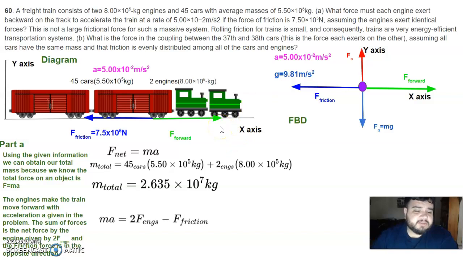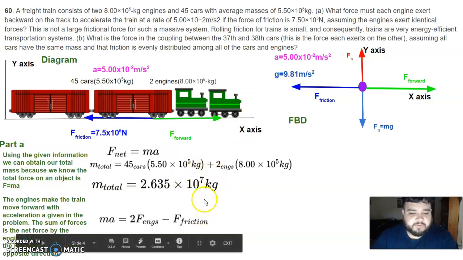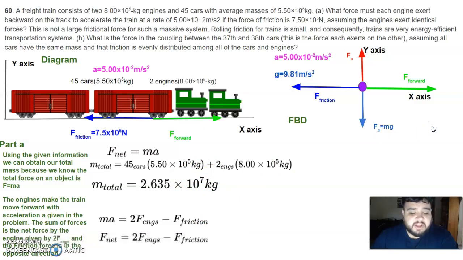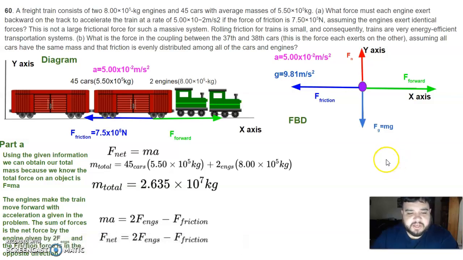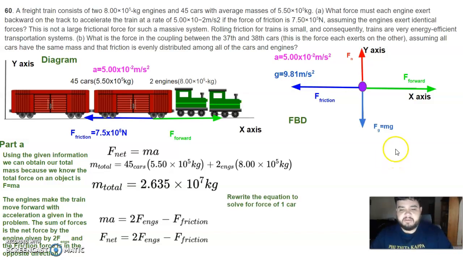So the mass times the acceleration is equal to 2 times the force of the engines minus the force of friction. The net force, or the total force on the system, is equal to ma, so the force of two engines minus the force of friction is ma. That's how they're related.